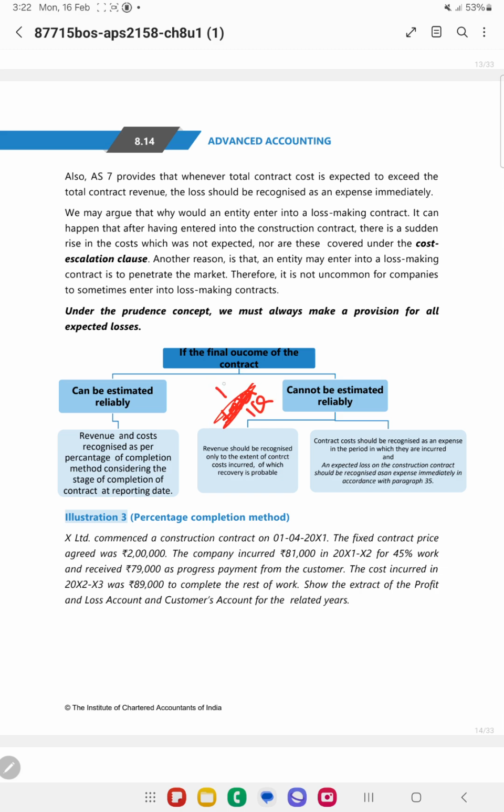Then you need to recognize revenue to the extent of 1 crore. Otherwise, you assume there is a 25% completion rate, and to the extent of that, cost will be recognized and revenue will be recognized. So on the basis of the percentage of completion, you recognize the revenue as well as the cost.